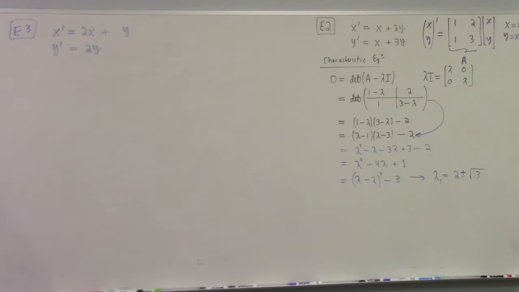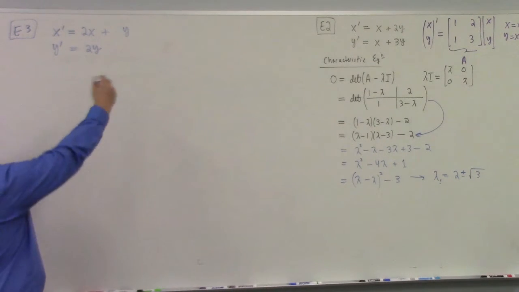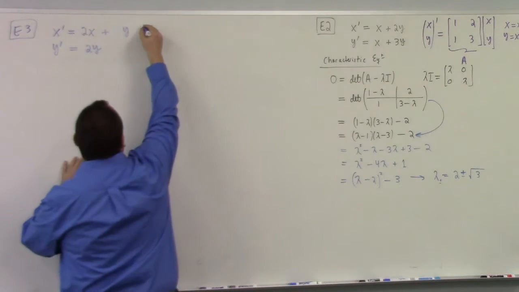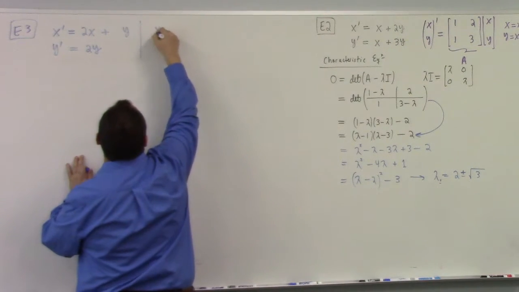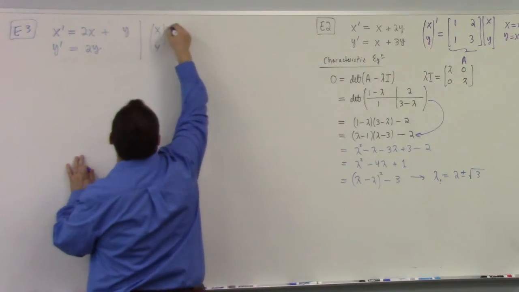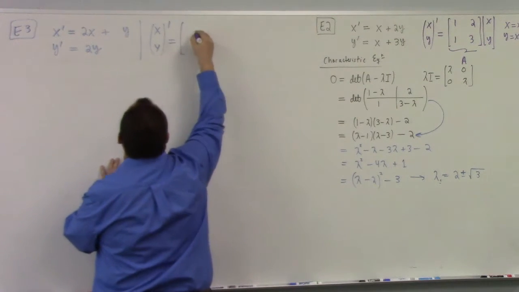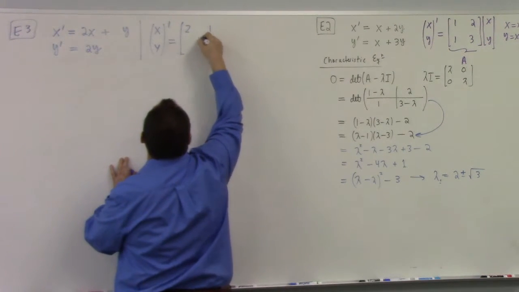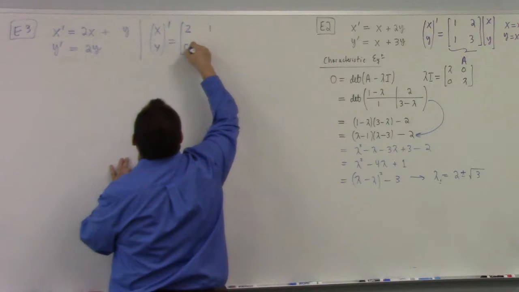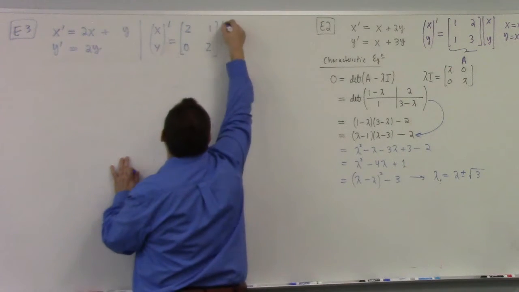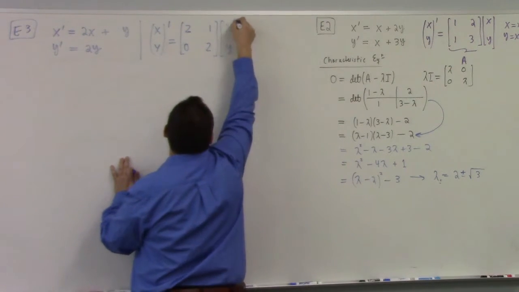All right, so this one, let's take a swing at it. See what happens. So here we have (x, y) prime equals the matrix 2, 1, 0, 2 times (x, y).